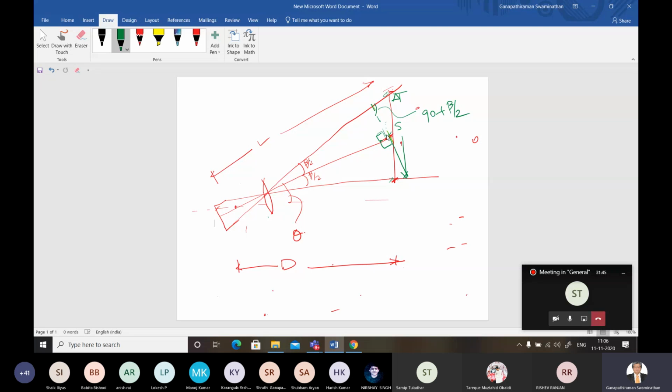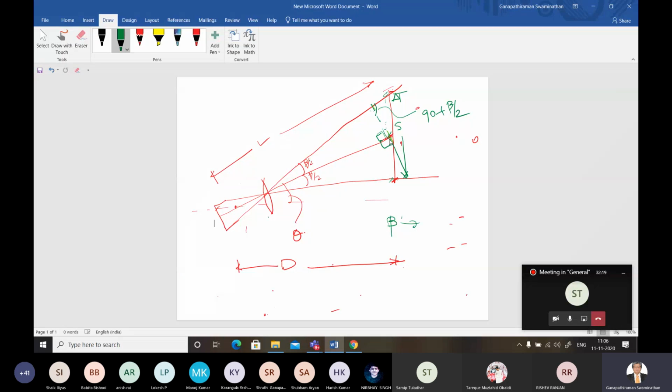When you consider this triangle, this is 90 degrees, this is beta by 2, so this is 90 plus beta by 2. Similarly, here it is 90 minus beta by 2. So this angle is theta, because the angle of elevation is theta. I consider that beta is very small and conveniently eliminate it, and consider this as a right-angled triangle.